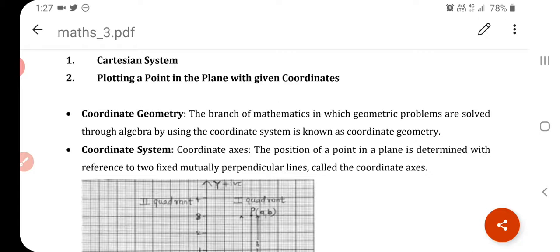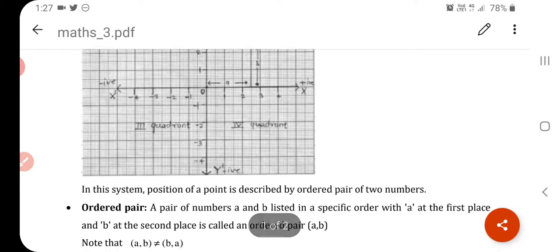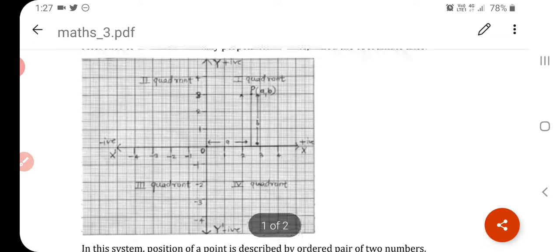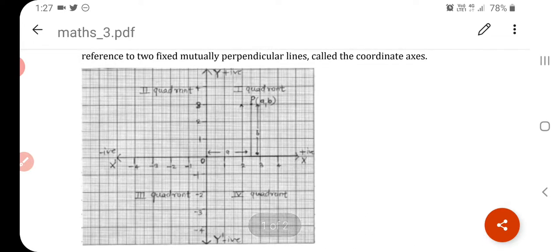The position of a point in a plane is determined with reference to two fixed mutually perpendicular lines called the coordinate axes. These are the coordinate axes: first quadrant, second quadrant, third and fourth. XOX', YOY'. The x coordinate is called abscissa and the y coordinate is called ordinate.